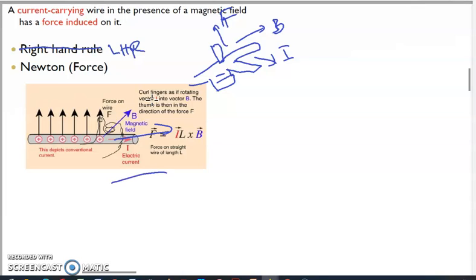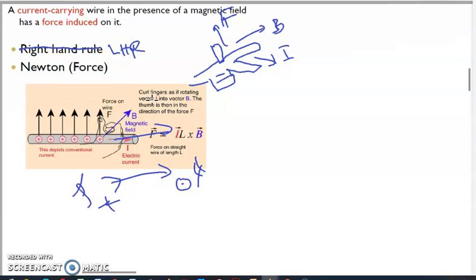So you have B in this direction and I in this direction. The plus sign means that if we see the arrow from behind, we shall see the plus sign. If we see the arrow, this is your I, from in front, we shall see the dot sign. So the plus sign means you will see the magnetic field from behind.